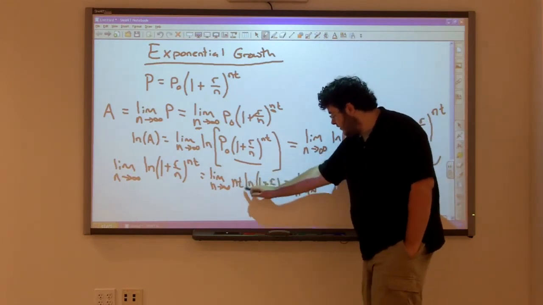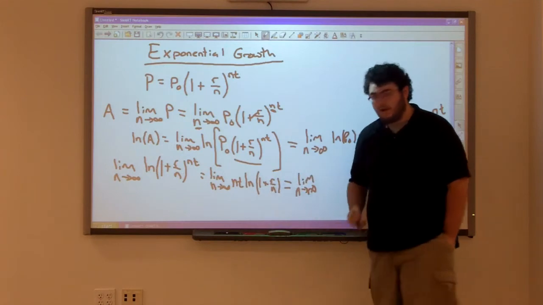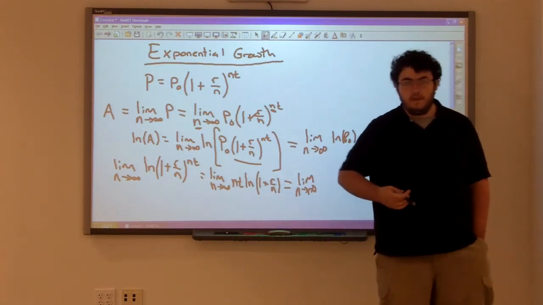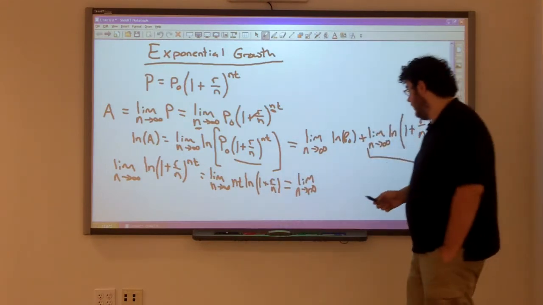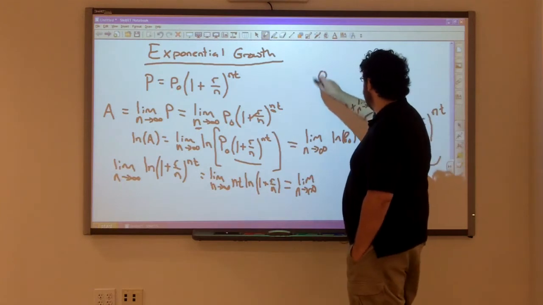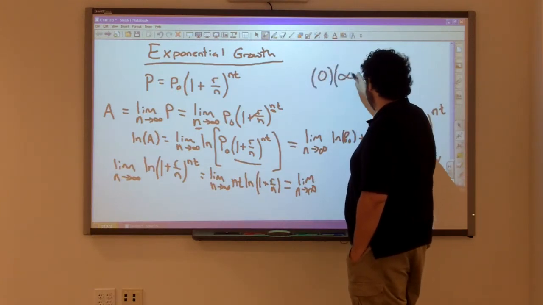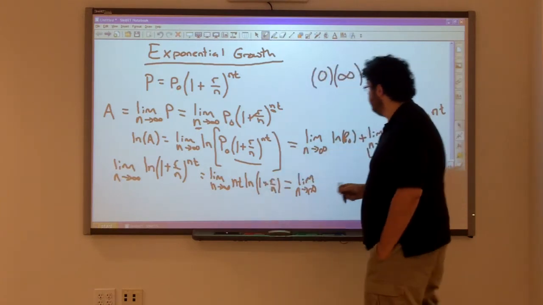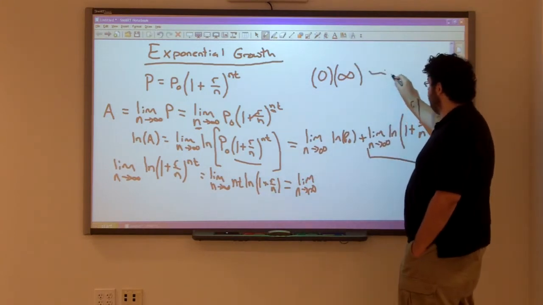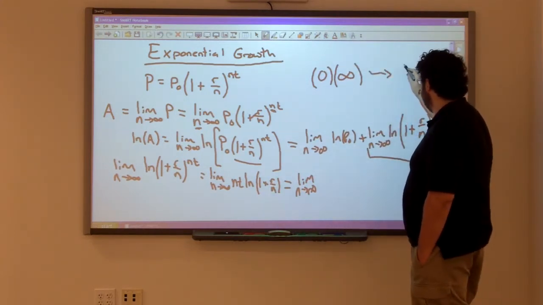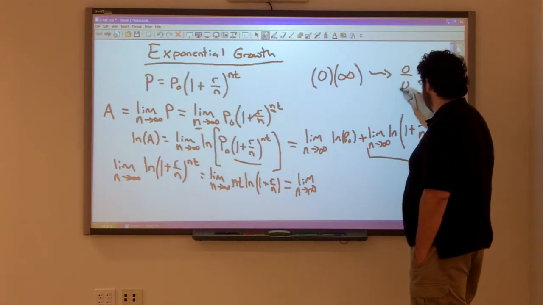So we have infinity times 0. And remember, that's an indeterminate form, so we can use L'Hopital's rule. When we have 0 times infinity, or in this case, infinity times 0, we need to rewrite that to look like something else. We need to rewrite that to look like 0 over 0.